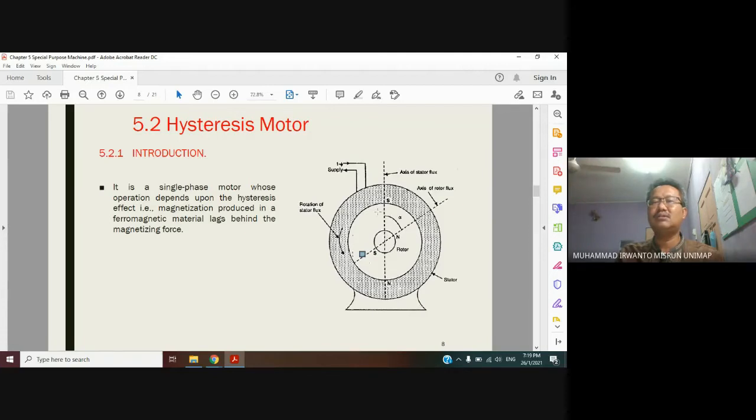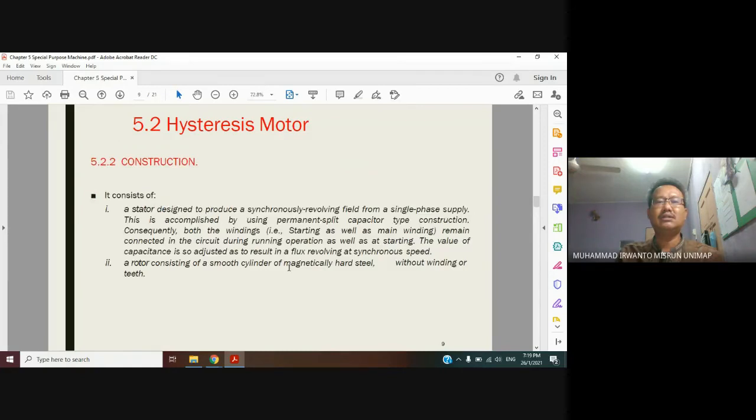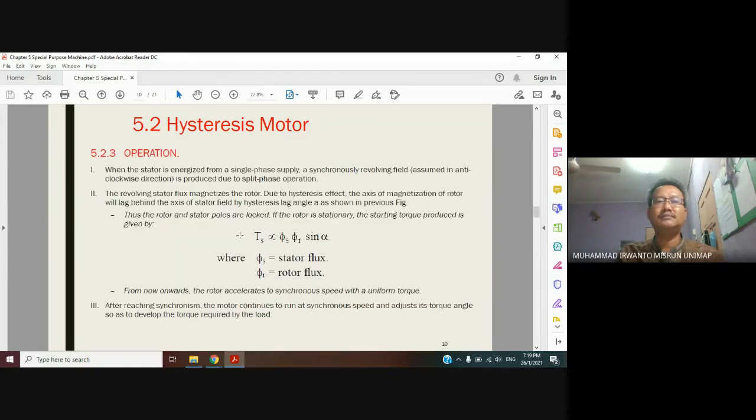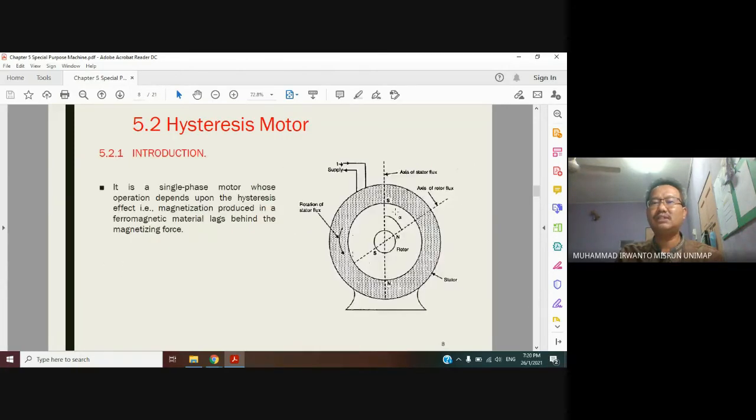We can say that the axis of the magnetic rotor lags behind the axis of the stator field, with the angle alpha, like this.